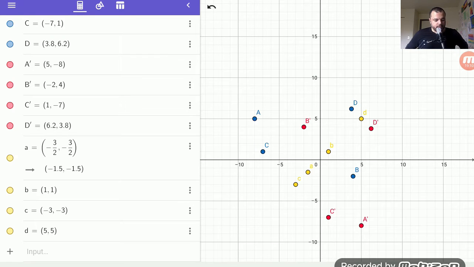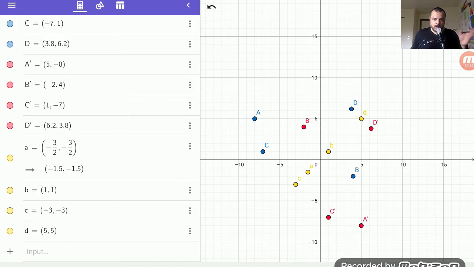Okay, the first observation is that for these middle points, the first coordinate is equal to the second coordinate. For example, the middle point between A and A prime is -3/2, -3/2. The line connecting B and B prime has the middle point B small, which is 1, 1.